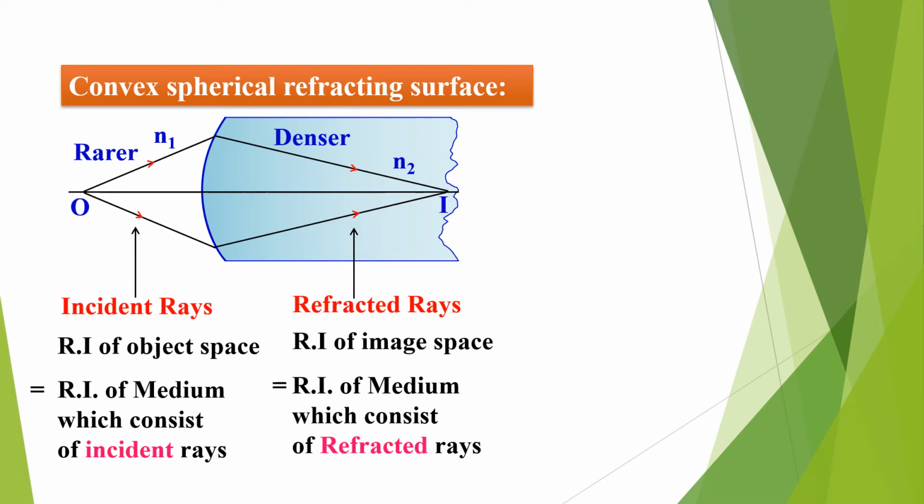So the medium in which the object is placed is known as the object space, and its refractive index is taken as n1. In the denser medium of refractive index n2, the image is formed. Therefore, the medium where the refracted ray forms the image becomes the image space medium.